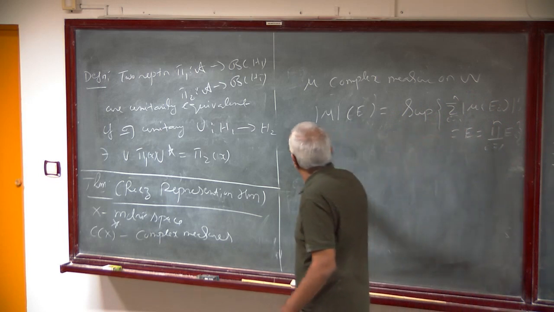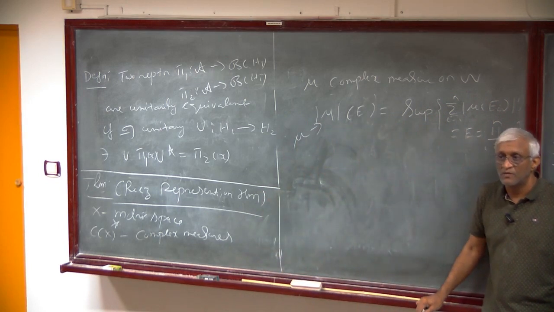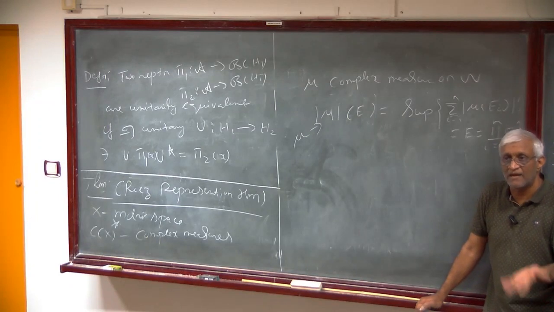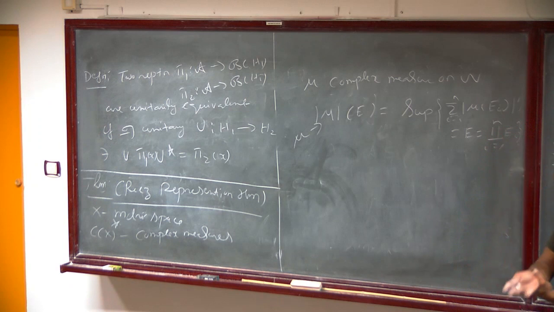Now a complex measure is a vector space. You can multiply with a complex scalar. Any measure multiplied with a scalar gives another measure, since the same additivity is preserved. You can add two measures. Signed measure itself is enough, that will be a real vector space; this will be a complex vector space. A signed measure takes values in the real line. It need not be positive.